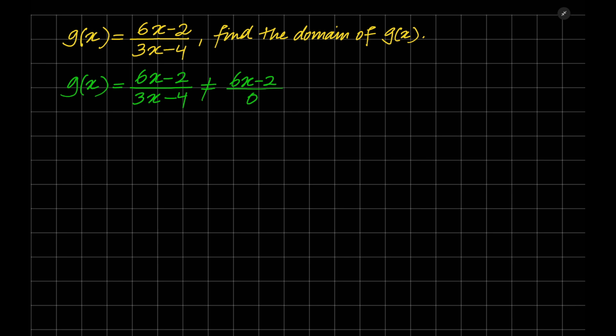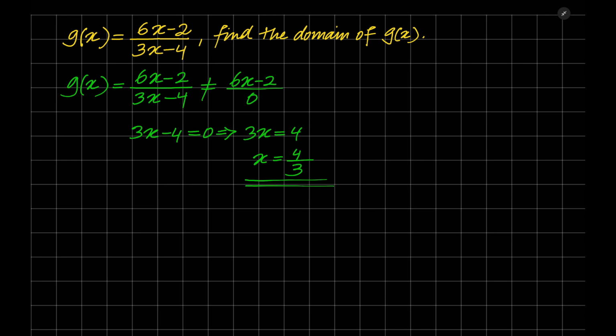So set the denominator to 0. 3x minus 4 equal to 0, which implies that 3x is equal to 4 and x is equal to 4 divided by 3. So our function is not defined for x equal to 4 over 3.